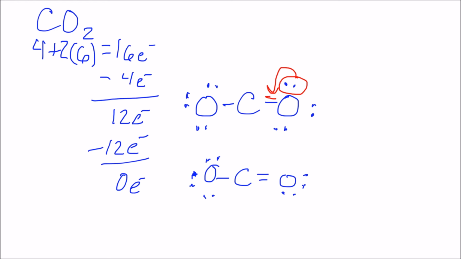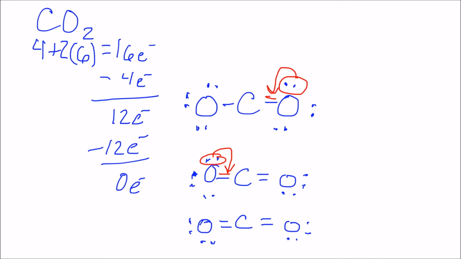So we're going to take another pair of electrons from over here and shift them into a bond and redraw the molecule. Okay, so we end up with something that looks like this. Now let's check the octet rule again.